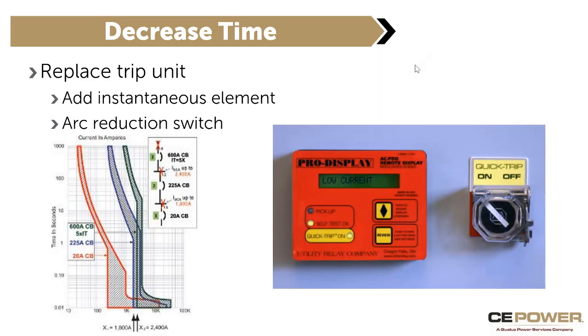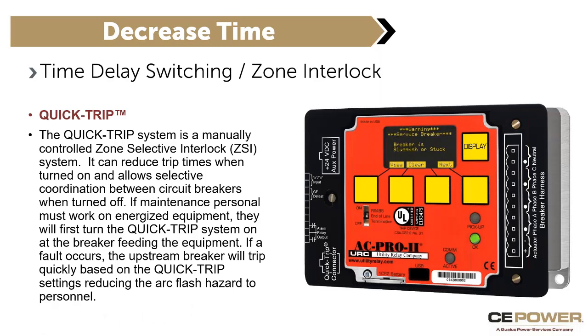So again, decreasing the time to open that circuit in the event of an issue. Along with that, they also make an option for ZSI, and really ZSI has been around for a long time, zone selective interlocking, where you're opening the circuit closer to the fault. Twisted pair, essentially the breakers are talking to each other and making sure that you're opening that circuit a lot faster, not waiting for a main breaker to open up.